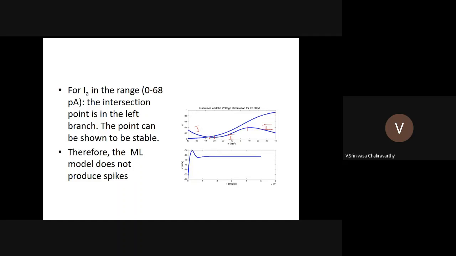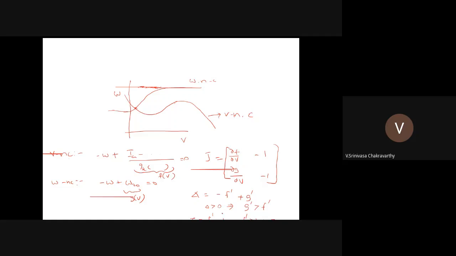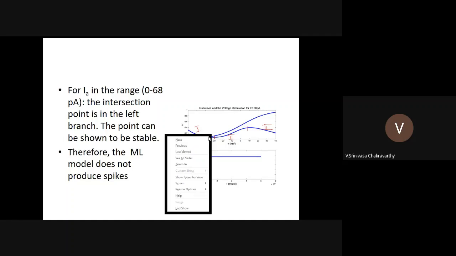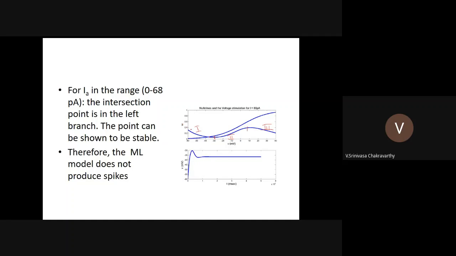It's non-zero. It's positive but quite small, and you can show that it is less than 1. So therefore tau is negative, and therefore this point will be stable. It's very similar to the previous case of what we saw in the Fitzhugh-Nagumo model, right? And therefore V will be stable. It will just go to a stable value and stay there. So that's like your resting potential.